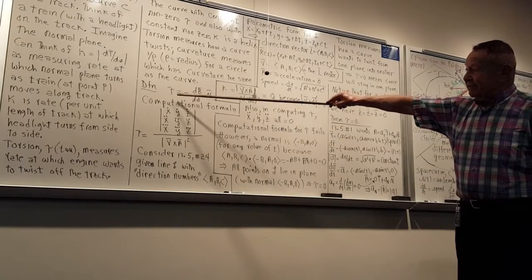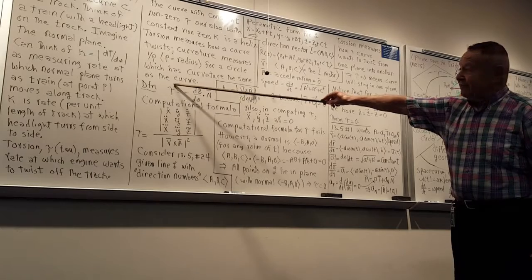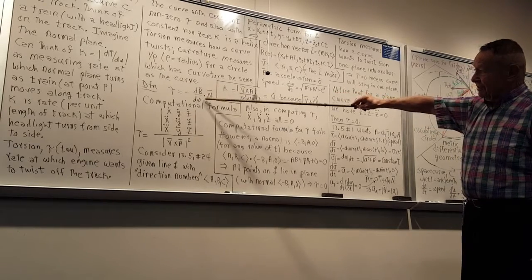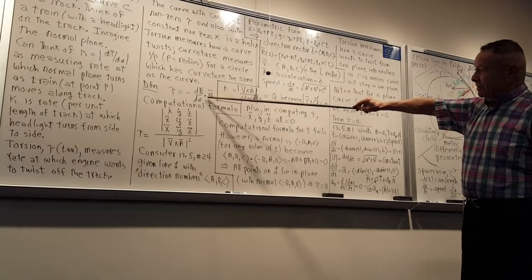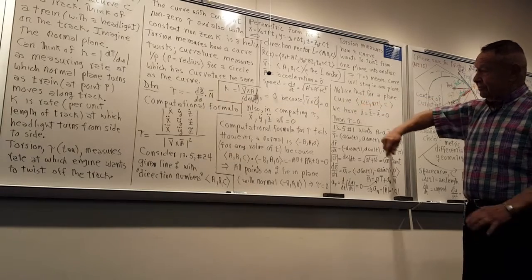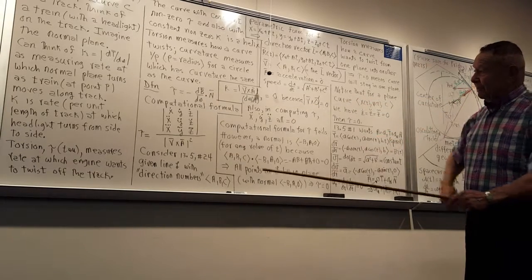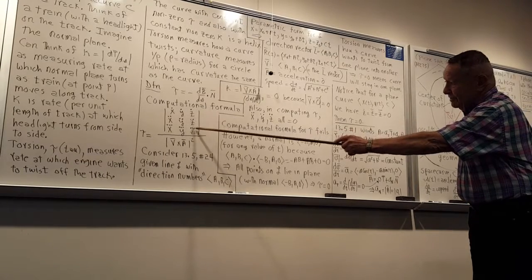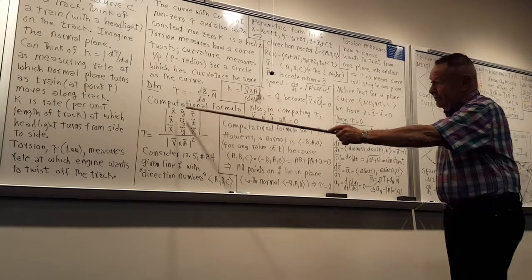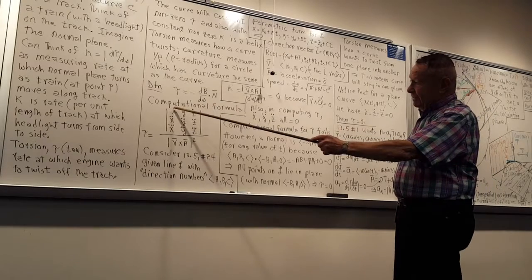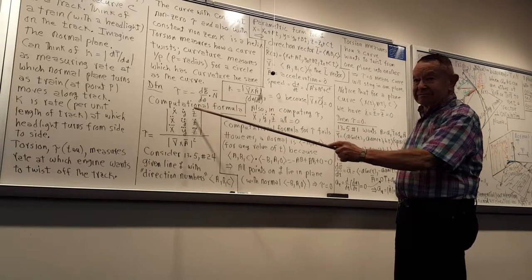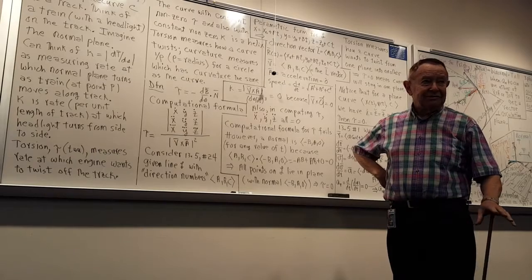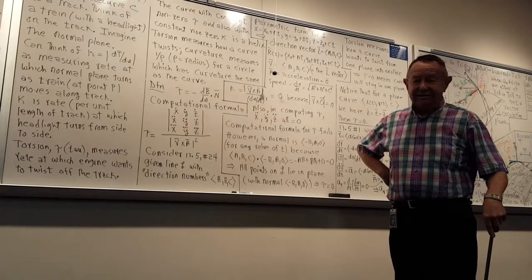So the theoretical definition of torsion is this dot product, which we don't really use to do the homework. The computational formula is this 3x3 determinant. Remember, the dots mean time derivative, as Sir Isaac Newton originally invented it.